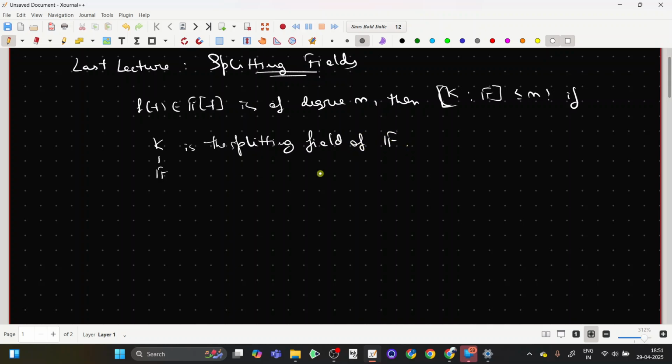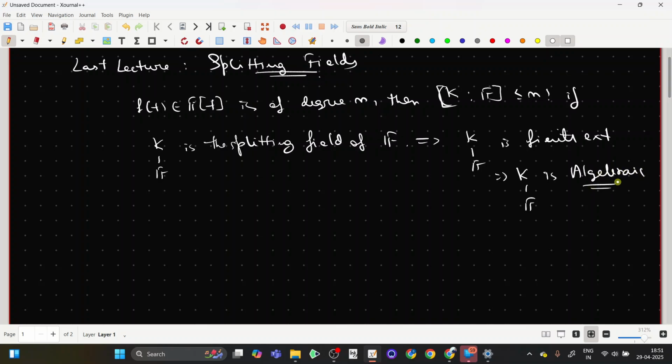Recall, right? But an important fact went unnoticed here: this implies that K over F is a finite extension. What does this immediately mean? This means that the extension of splitting fields is algebraic.